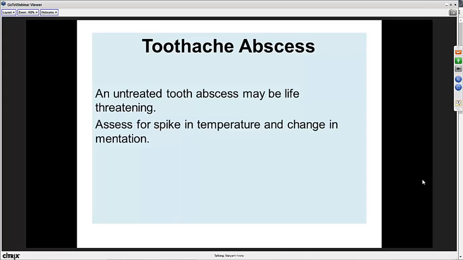What the homeopathics will do is at least erupt the abscess on the outside, not on the inside, which is what you want. So you look for a spike in temperature or a change in mentation when they have the abscess, and that lets you know you're in trouble. And this is a biggie. This should not happen in this country, but it does all the time.